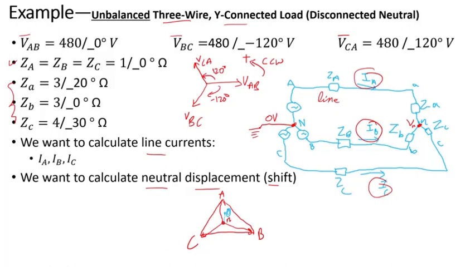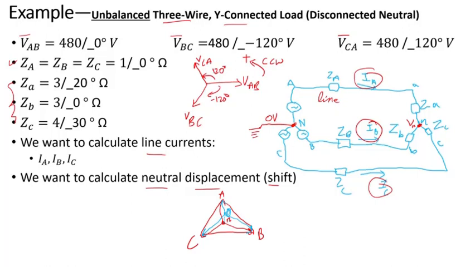Now your voltages will shift as well. So now you're going from A to O, from C to O, and from B to O, and as you can see, they are no longer equal. So that's what we mean by neutral shift.